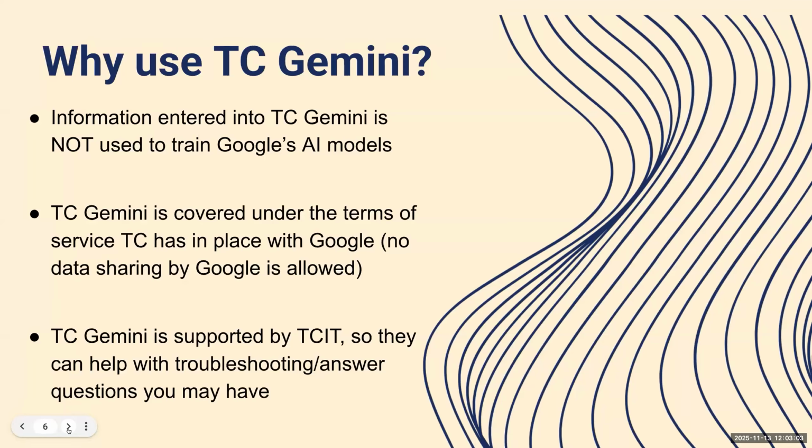TC Gemini is covered under the terms of service that we have in place for Google, so any information that you enter is not going to be shared with third parties. It's protected by the agreement we have with Google. And since TC Gemini is supported by TCIT, if you have any questions or need help troubleshooting, you can open up a ticket and TCIT can help you with that.